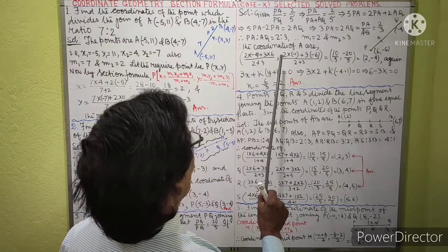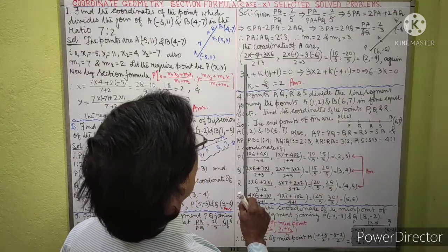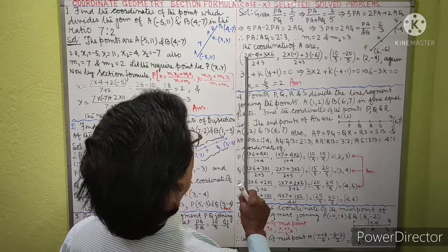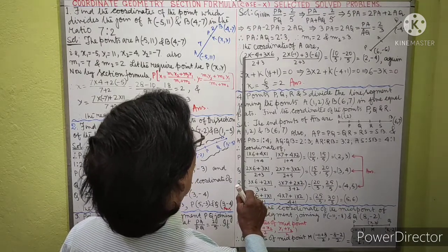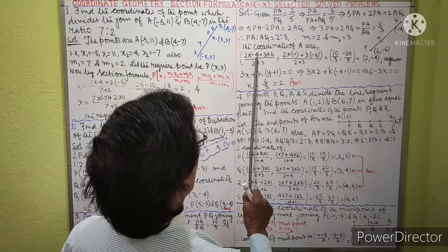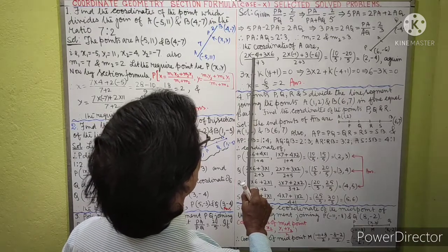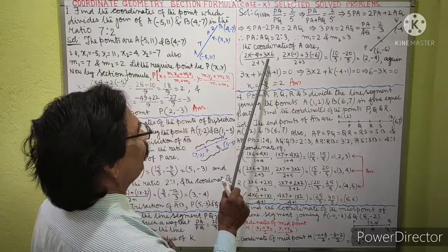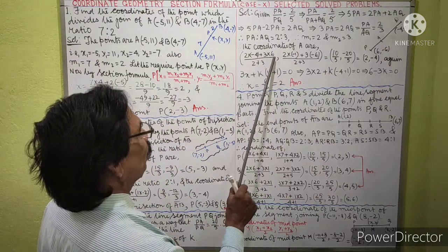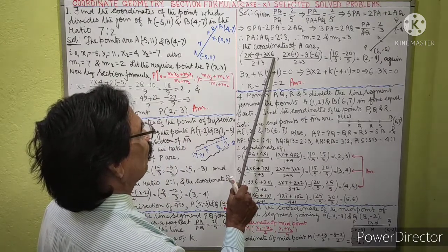Now the coordinates of A will be like this: m1, 2 into x2 equal to minus 4, and m2, that is 3 into x1, that is 6.